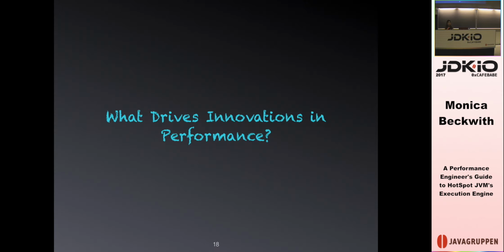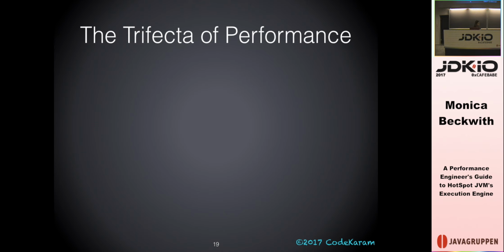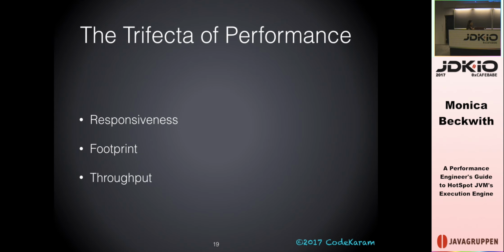So with that knowledge, what drives innovations in performance? What makes you want to make things more performant? Well, there's the trifecta. And many times, many performance engineers will talk about this. This trifecta is, to me, responsiveness, which people also talk in terms of latency, and then it's footprint, which is basically your size, and then throughput.